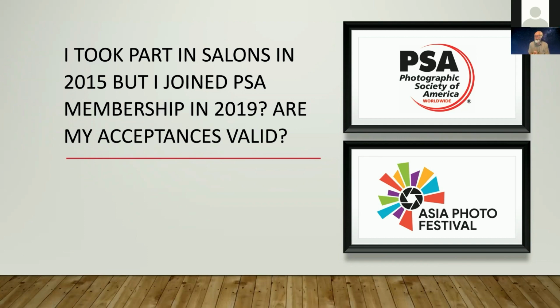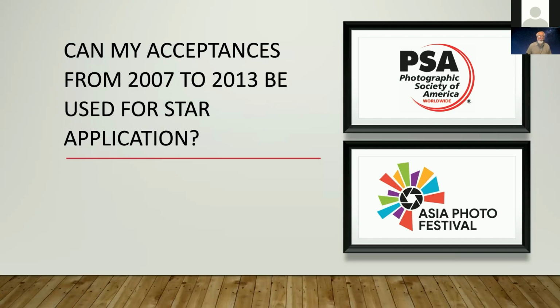But if you want to use acceptances that go further back than 1 year before you joined, then you have to pay a fee for each year. So if you joined now, on the 1st of December this year, and you wanted to use acceptances that went back to 2013 or 2017 or however far back you want to go, you have to pay a fee for each year where you want to claim the acceptances.